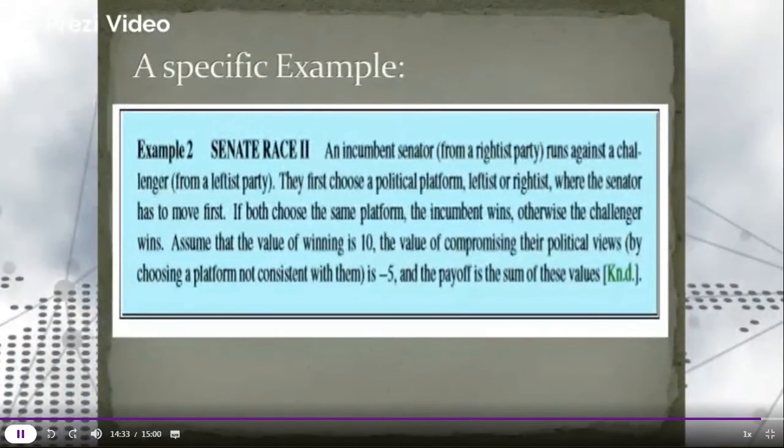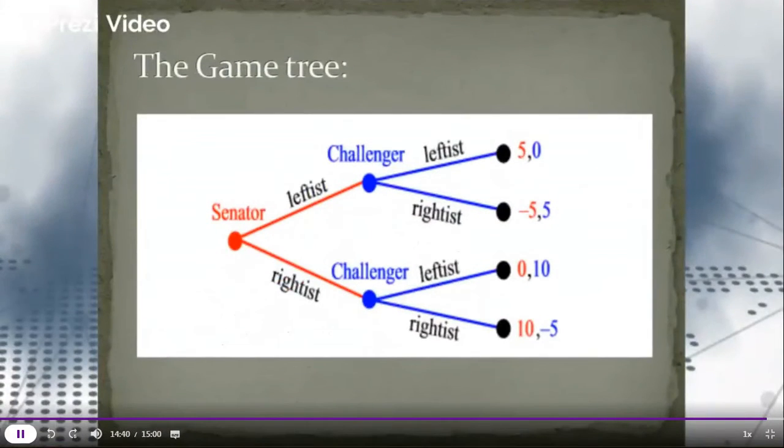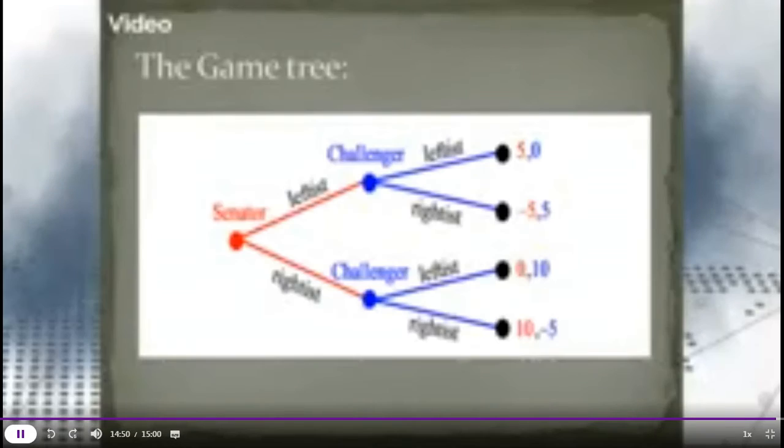As we mentioned previously, if the platforms of both of them match, then the incumbent wins. That means the senator is winning, so he's getting 10 and the challenger is supposed to get 0. But you may ask, how come it's 5? Because the senator is from the right party, and there was another condition which says that if the senator is compromising on his political view, shifting from right to left, he gets -5.